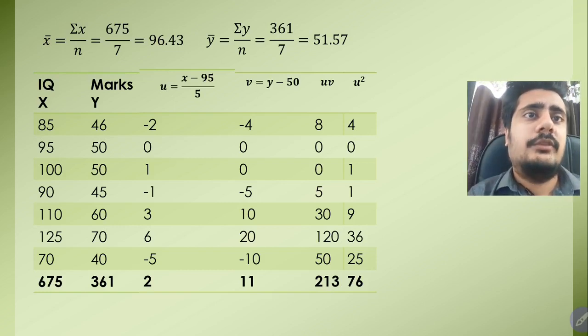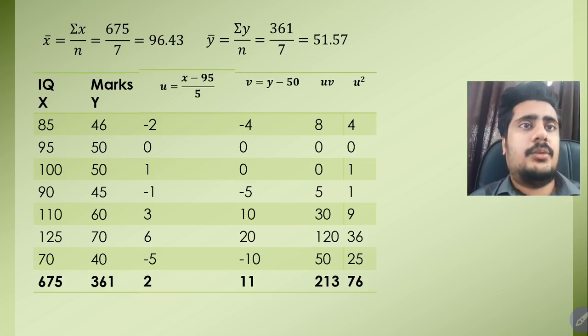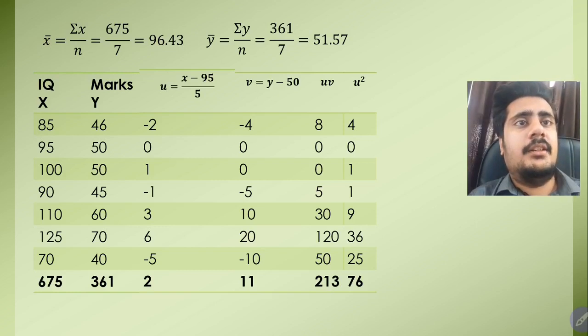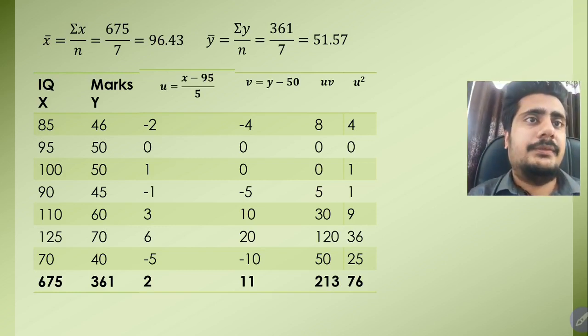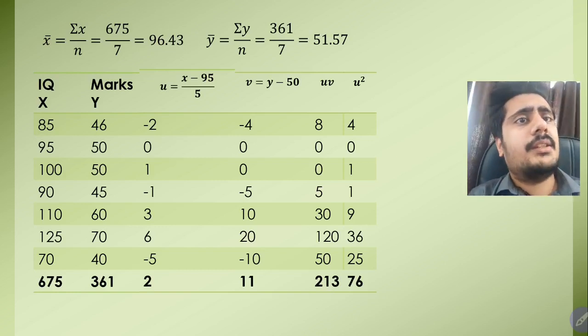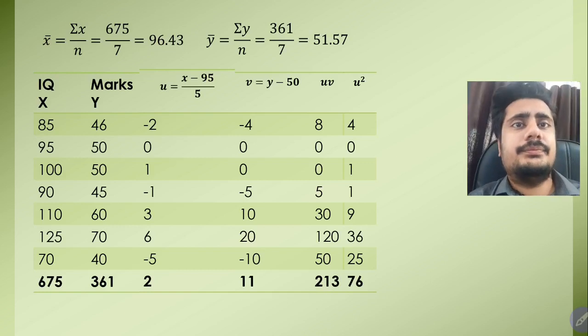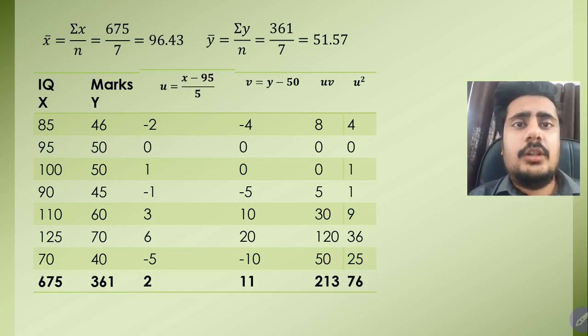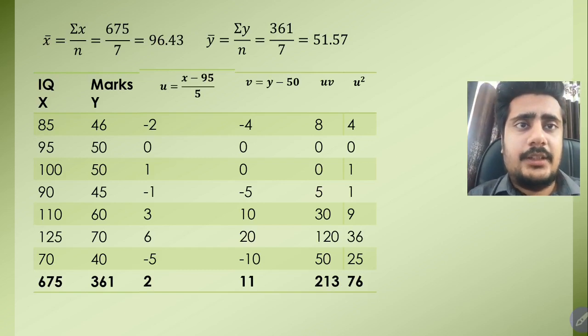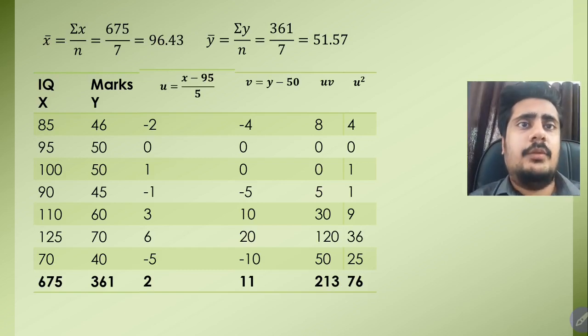Total of y is 361, n is 7, so 361 upon 7 is 51.57. So total of x is 675 and total of y is 361, and now we will find u.